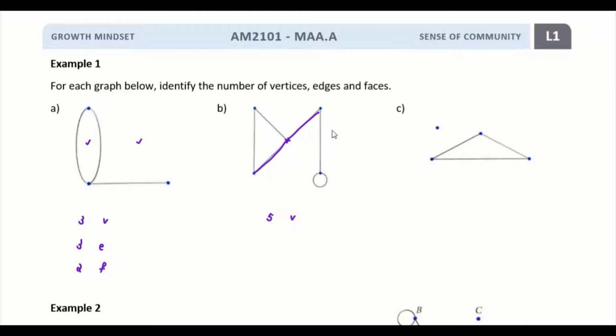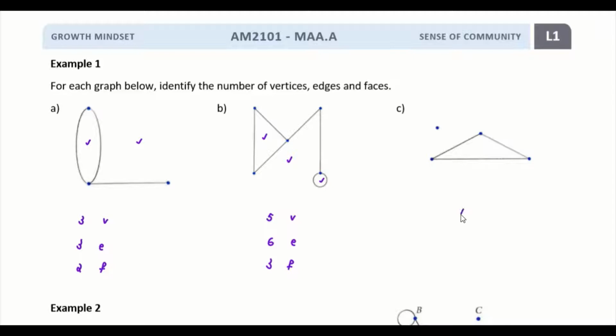But since there are vertices there, each line that connects the vertices is considered as 1 each. So in this case, you have 1, 2, 3, 4, 5, and then 6. So 6 edges. How many faces? 1 outside and inside here. So 3 faces.